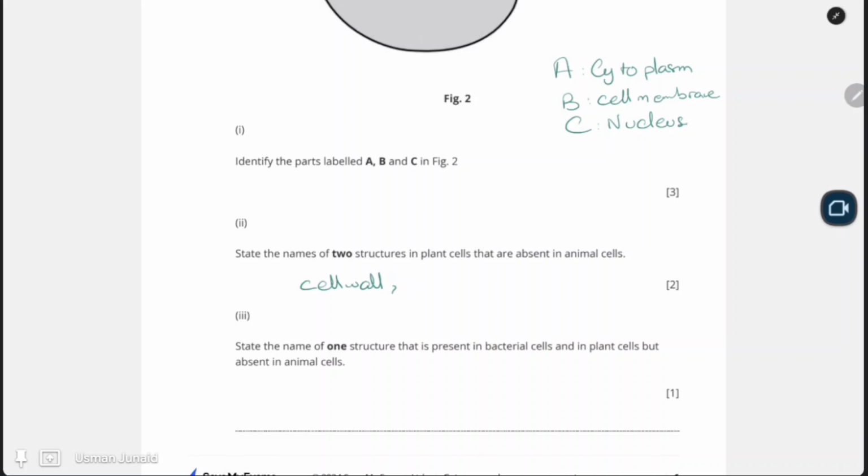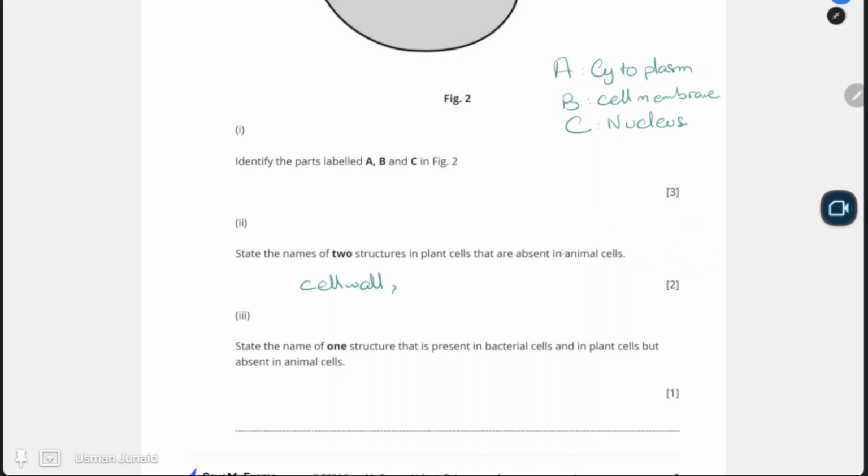Sorry, I don't know what you're saying. Can you repeat that? Can you spell that? Plastids. Those are palisades, right? These are types of cells, leaf cells. Okay. This is not an organelle.